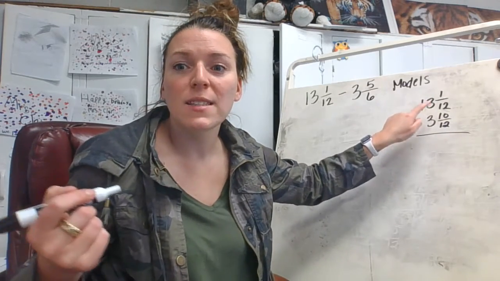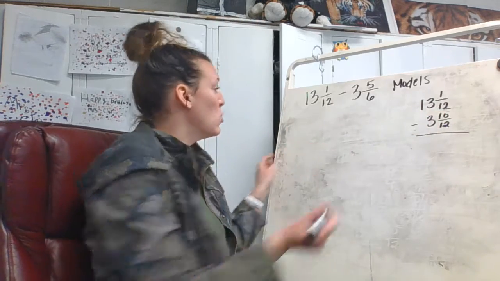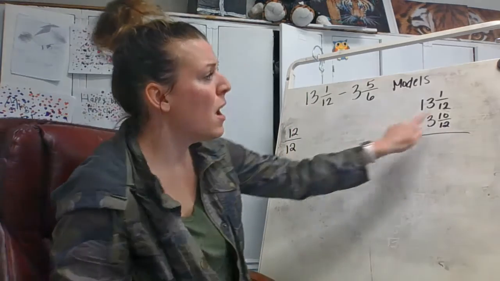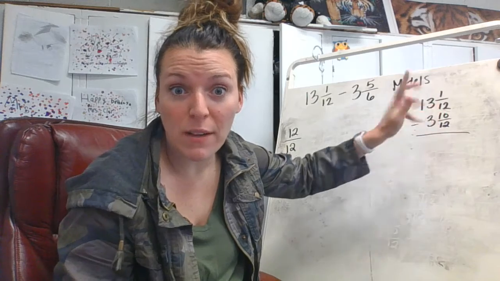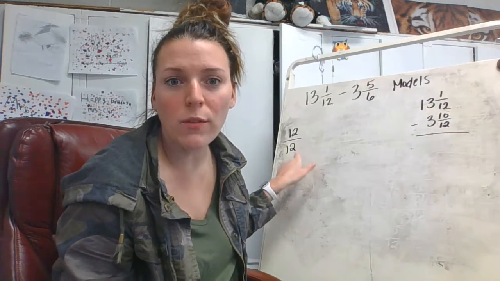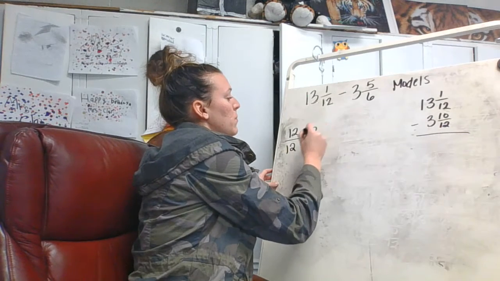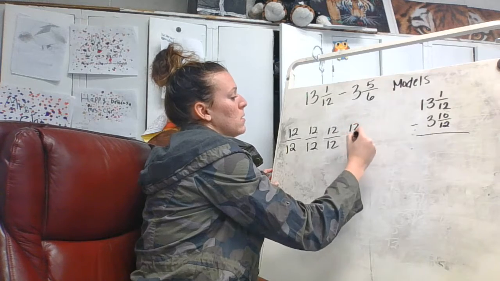Now, how many 12ths make a whole? 12. There's 12 12ths in a whole. And how many wholes do I have in this top number? I've got 13. So I have to write 12 12ths 13 times. So I've got 12 12ths. I'm going to do it 13 times.